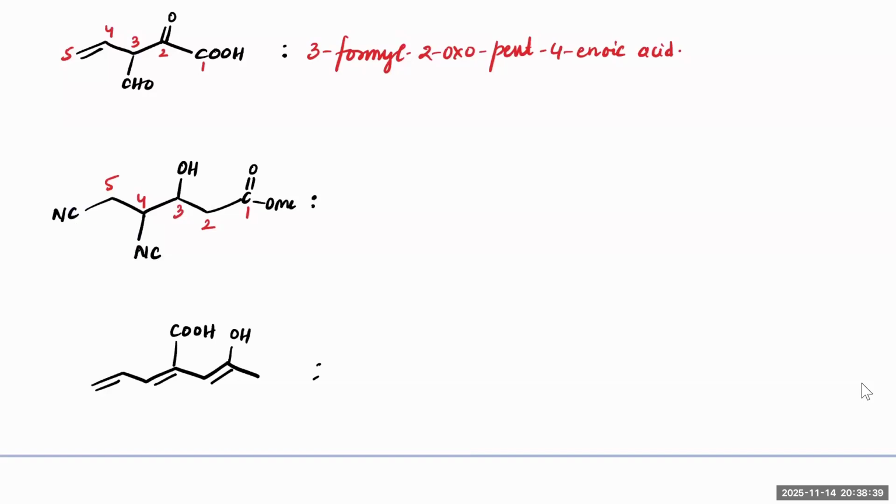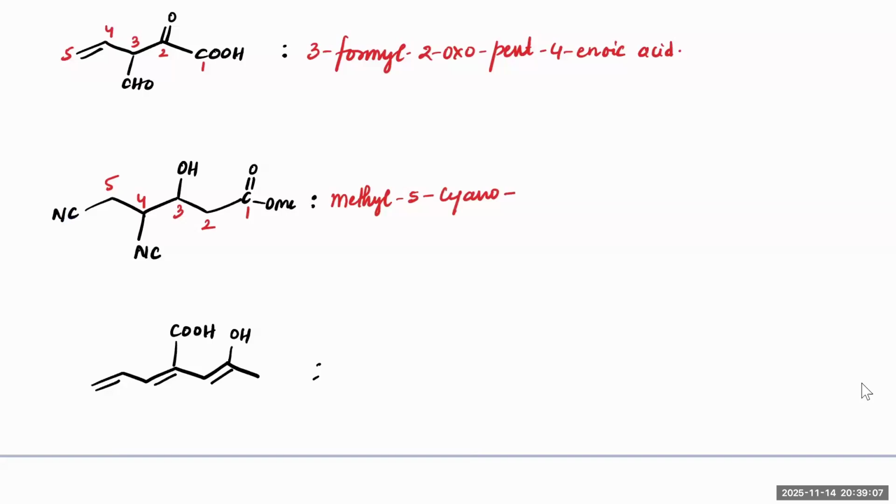And while writing esters, if you recall, I need to write the alkyl name first. So which means it will become methyl, right? After methyl, we start with 5. Now, if you notice, this is cyano and this is isocyano. So these two are two different functional groups. On fifth position, we have cyano.